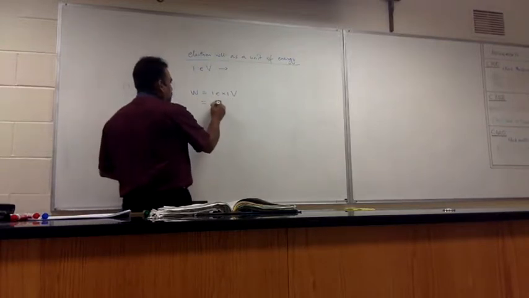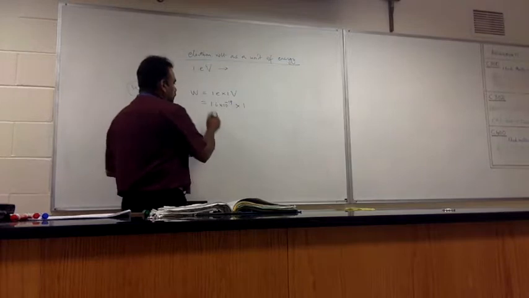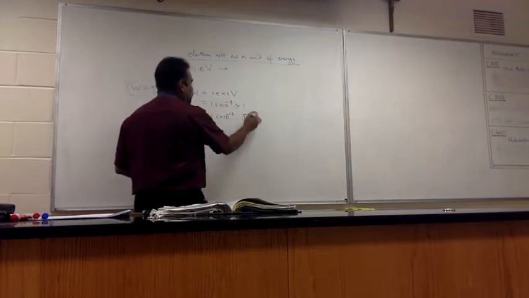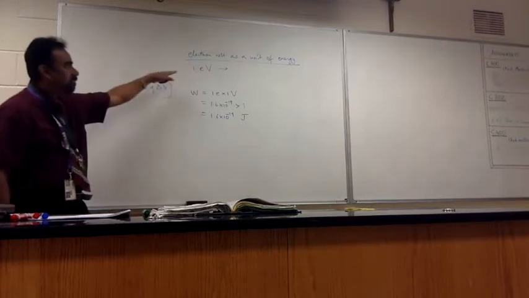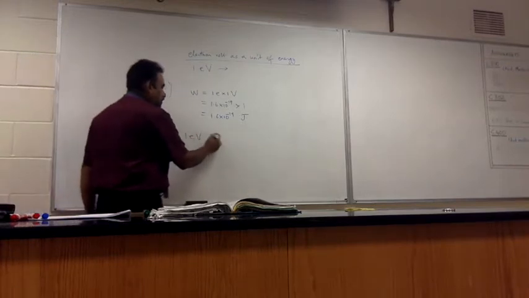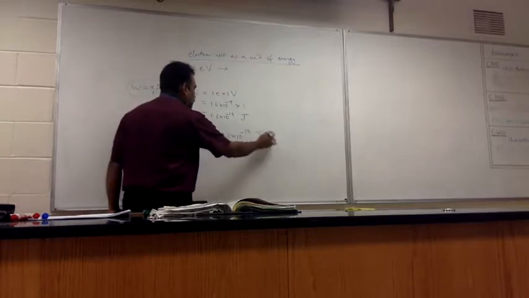So this basically is 1.6 times 10 power negative 19 coulombs times 1. So the answer is 1.6 times 10 power negative 19 joules. And that's what we define as 1 electron volt. So 1 electron volt is equal to 1.6 times 10 power negative 19 joules.